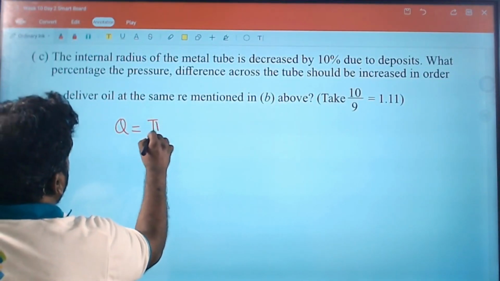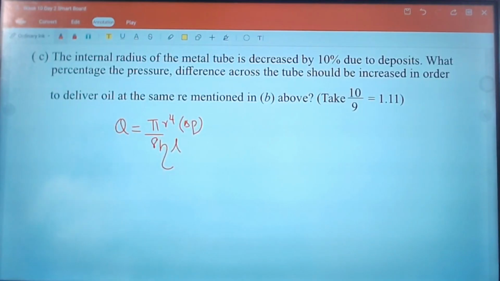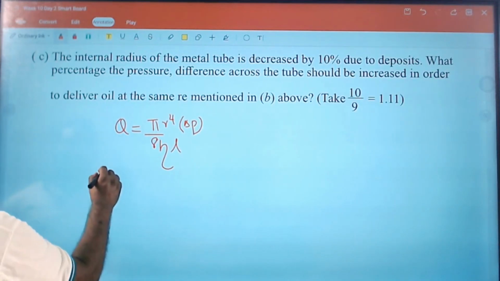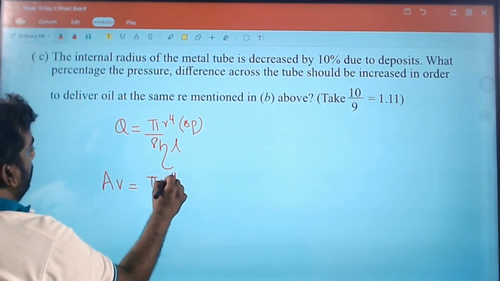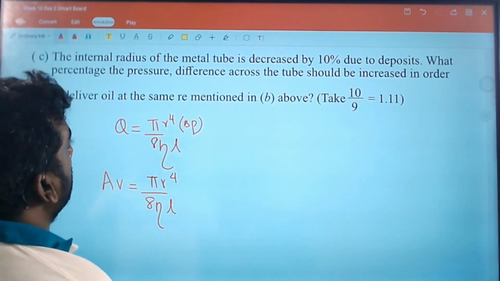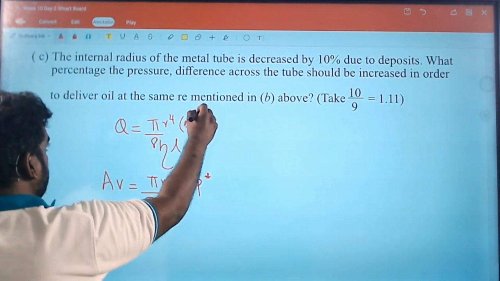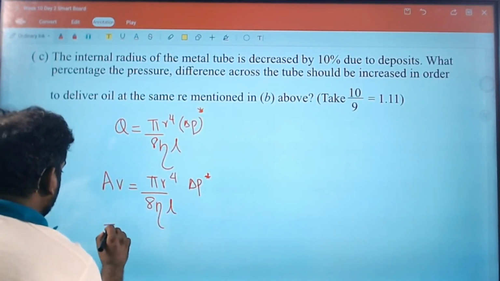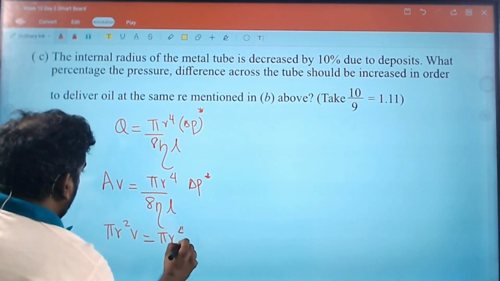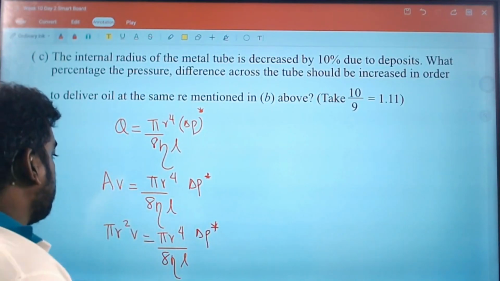Volume flow rate is pi r to the power 4 delta P over 8 eta L. Area into velocity, pi r squared v equals pi r to the power 4 delta P over 8 eta L. Pi r squared cancels off.